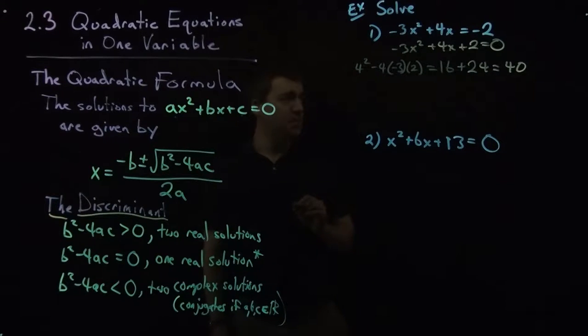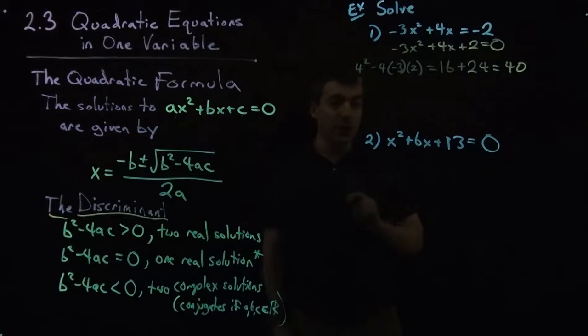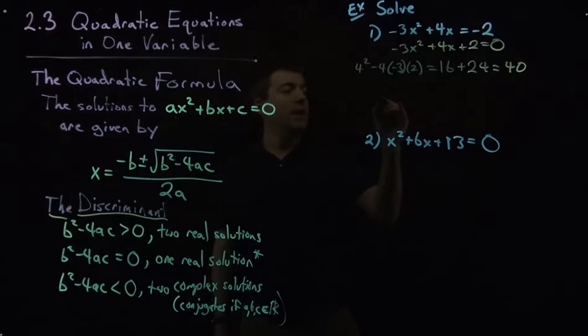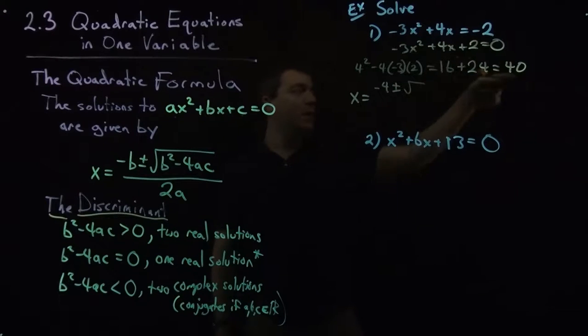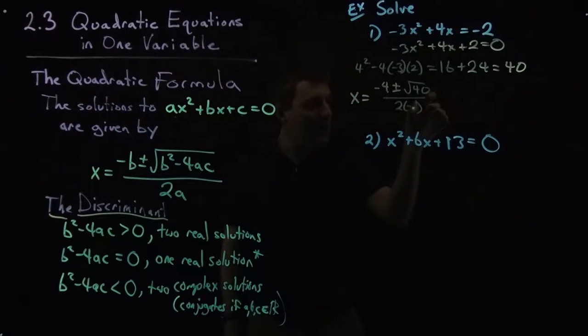So 40 is a positive number. That means we're going to have two real solutions to this. All right. So we have x equals negative b, so negative 4, plus or minus the square root of the discriminant, which we've already calculated, is 40, all over 2 times a, so 2 times negative 3. It's going to be negative 6.